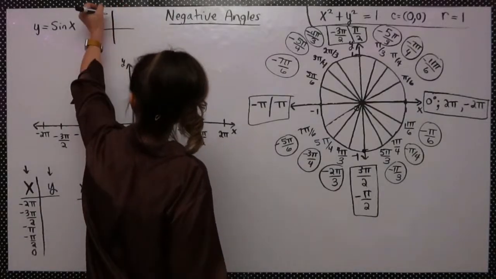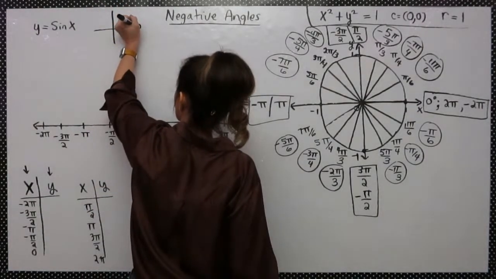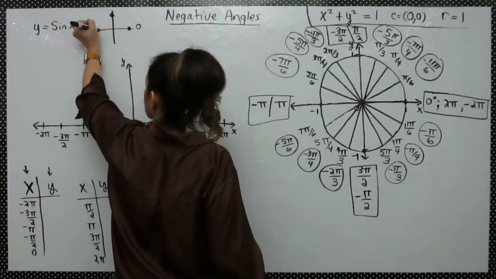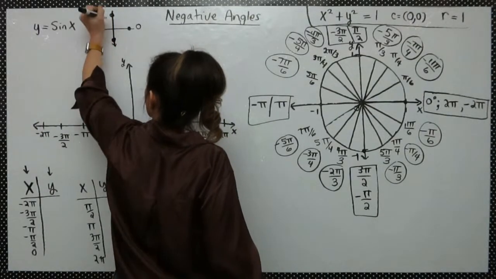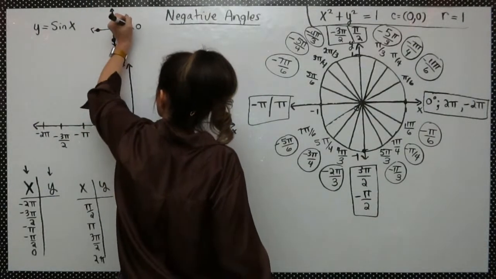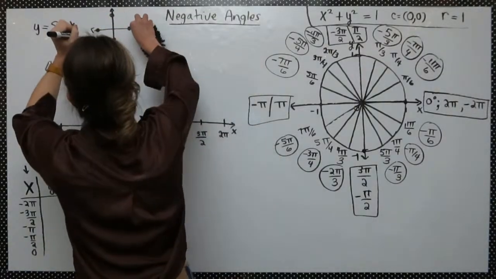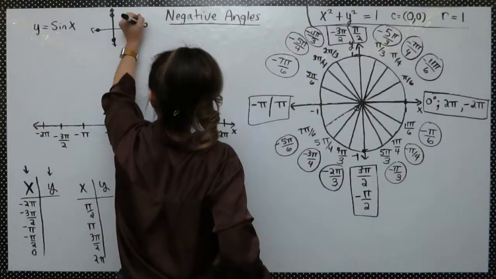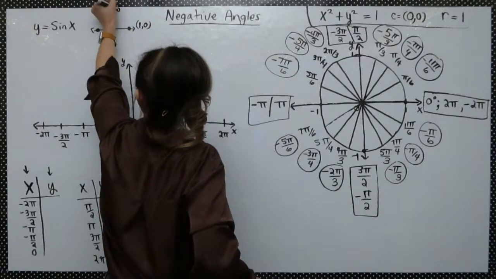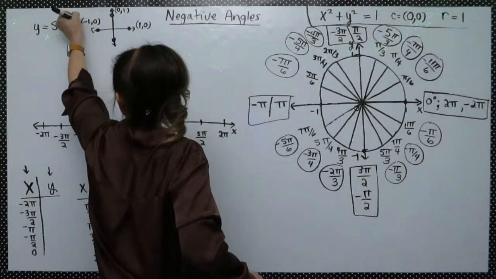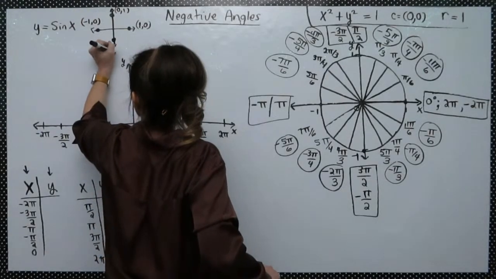So I've got my four corners, and over here, at this point right here in the unit circle, these are the only points I'm using. So we've got 1, 0, and we've got 0, 1, negative 1, 0, and we have 0, negative 1.